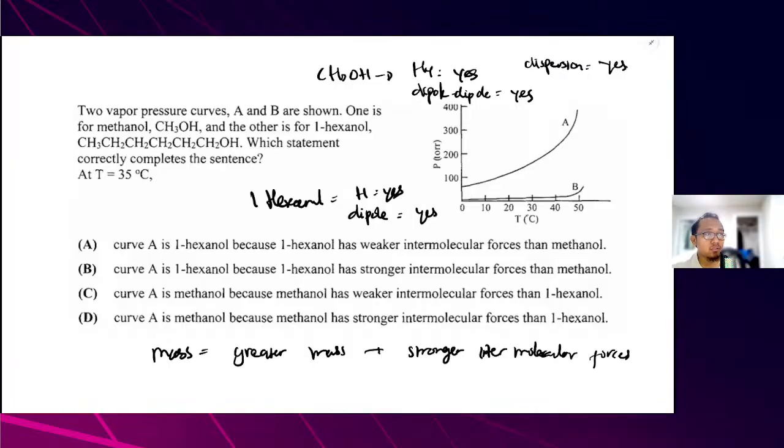Stronger intermolecular forces mean it is harder for molecules to escape into the vapor, so lower vapor pressure. Weaker intermolecular forces mean easier to escape, higher vapor pressure.